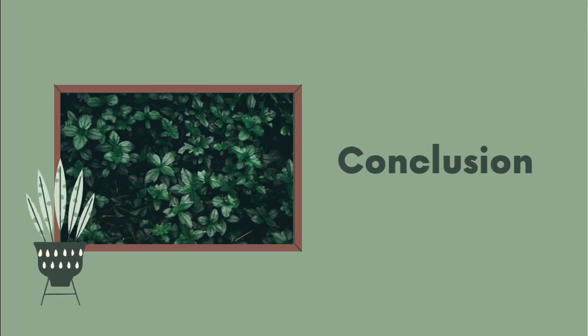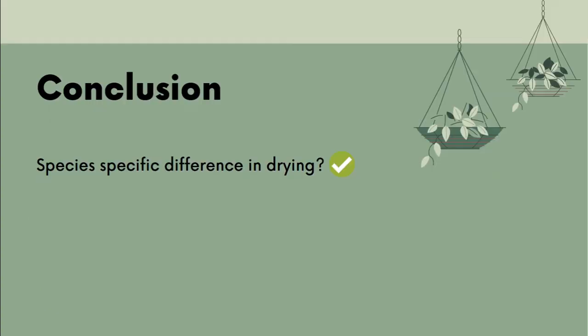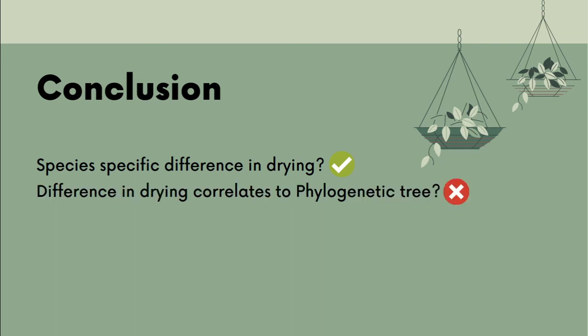And now we move on to the conclusion, for which I ask again Abhishek Javia to tell us about the final conclusion we derived from all these experiments and analysis. We found that the drying curves of the leaves were species specific and not related for closely related species in our sample space.